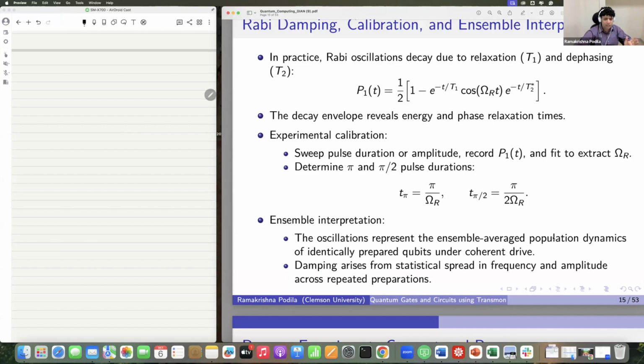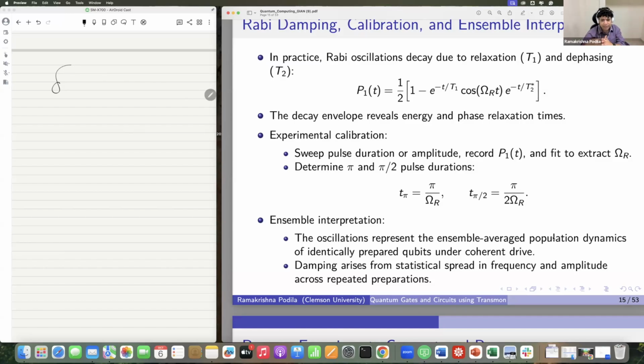Whatever oscillations we are seeing, to recall, we are not looking at single particle oscillations. This is not a single Cooper pair oscillating between no Cooper pairs and one Cooper pair. This is rather related to the relative phase difference delta. So what is oscillating is the relative phase difference.